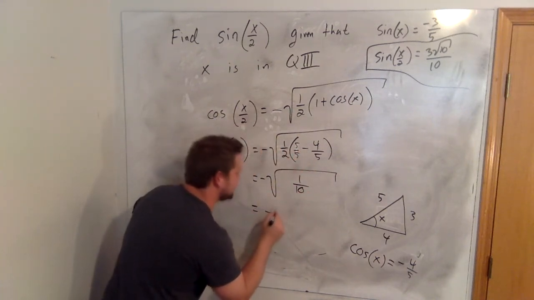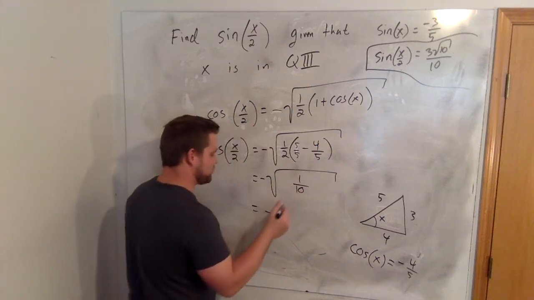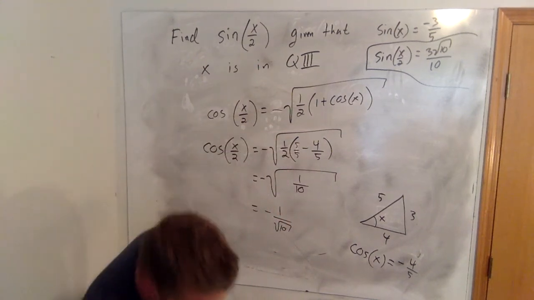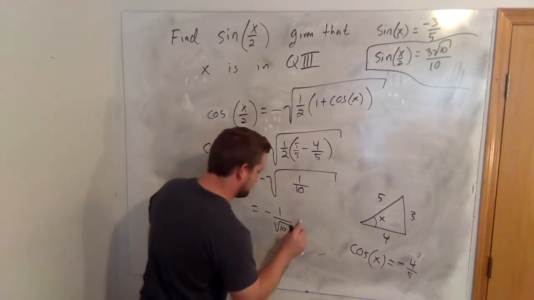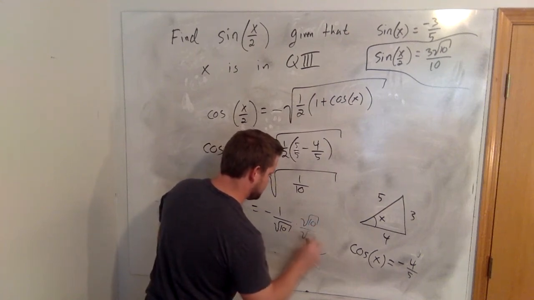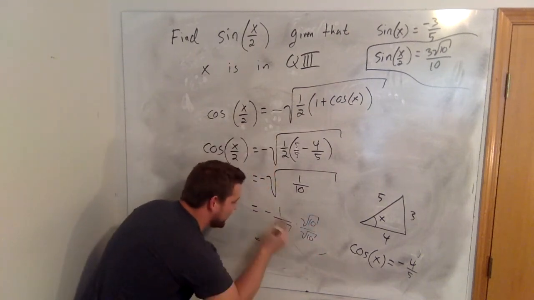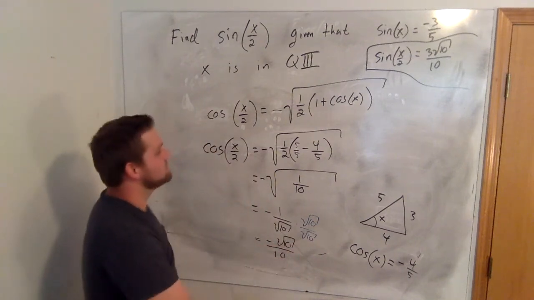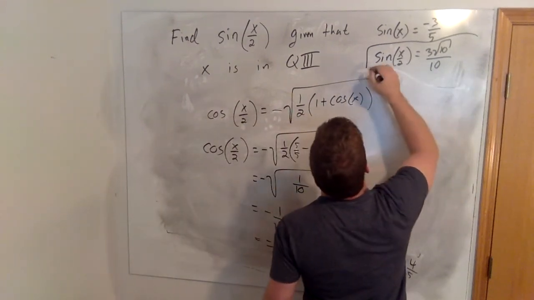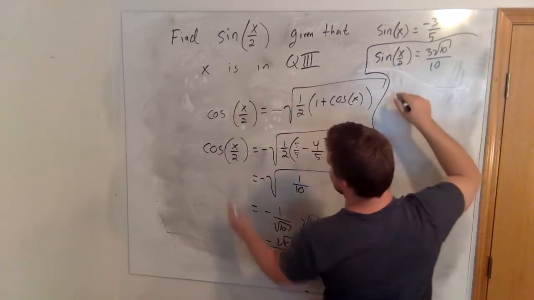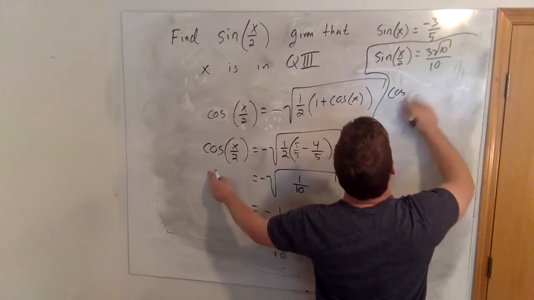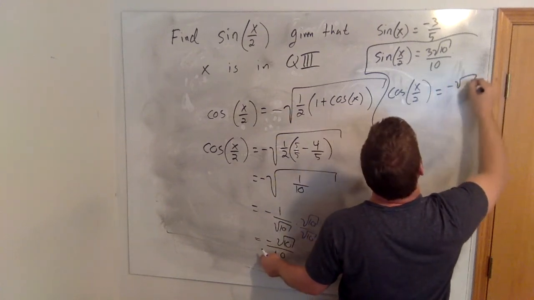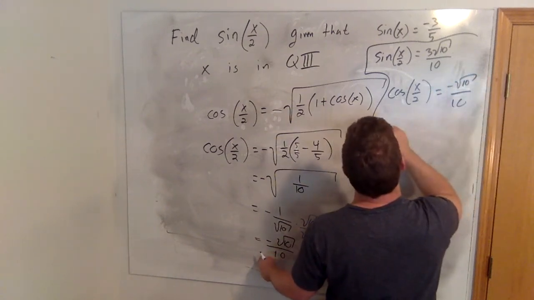This is the negative square root of 1 over 10, which is 1 all over root 10. Let's hit that with a root 10 over 10. So we'll get negative root 10 all over 10. So cosine of x over 2 is equal to negative root 10 over 10.